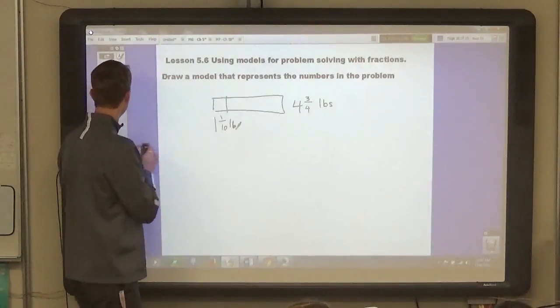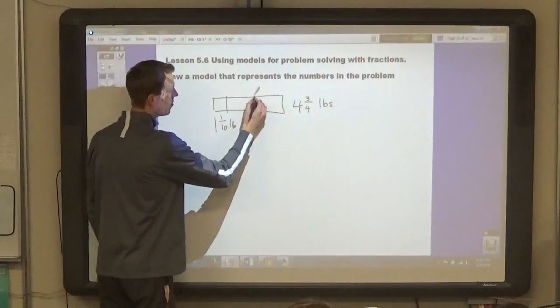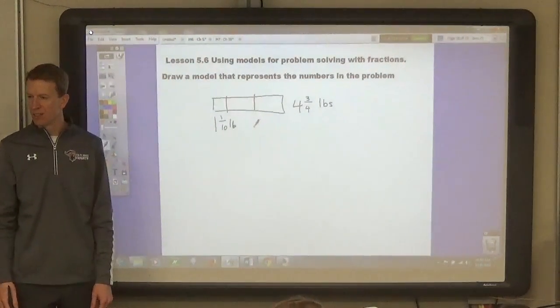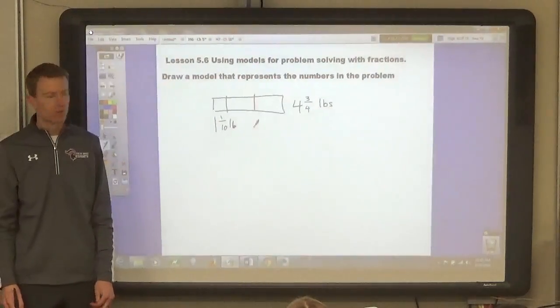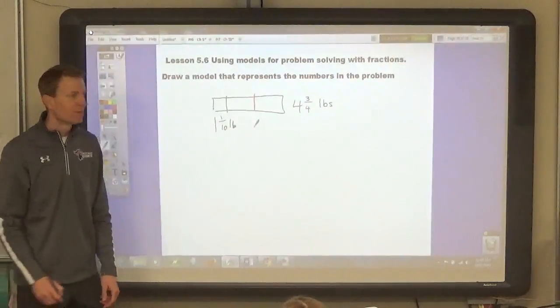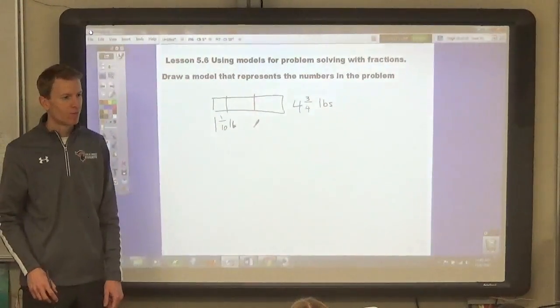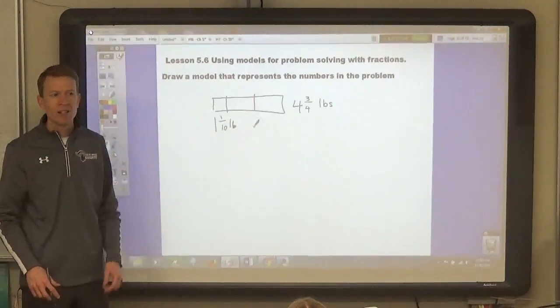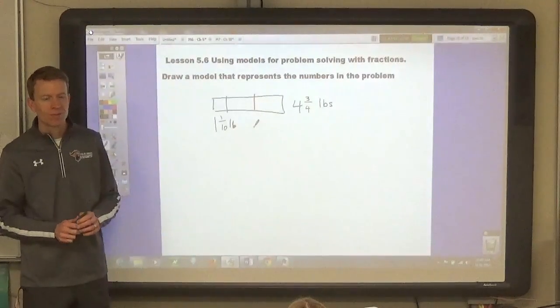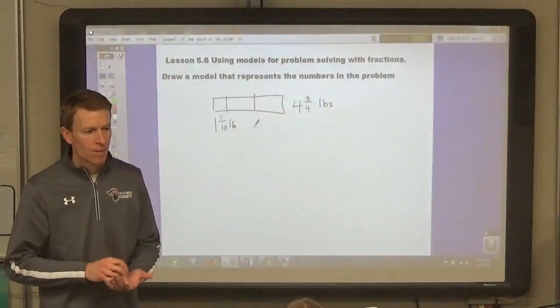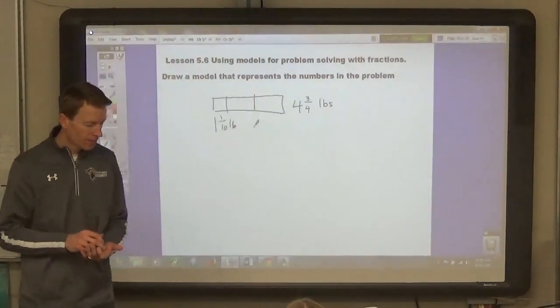And another portion was used for something else. What was it used for? How much was used? Melina?